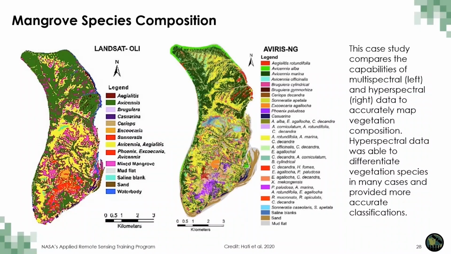In addition to hyperspectral data, they also examined multispectral data to compare the capability of specific vegetation type classifications. Data was analyzed from Landsat OLI and Sentinel-2, as well as Hyperion and the AVIRIS-NG data.